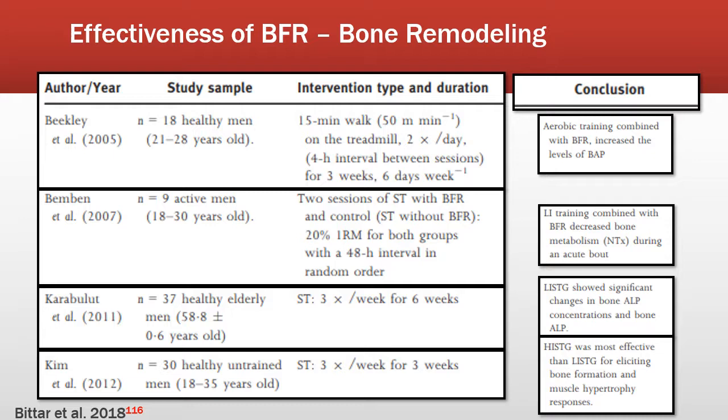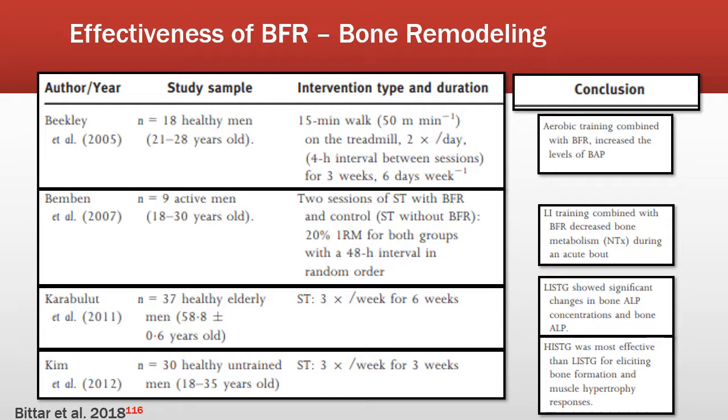You can see that there are 4 included studies with the authors' names in that first column. The study sample sizes were 18, 9, 37, 30, so relatively smaller sample sizes. Again, blood flow restriction has only been in the States since 2008, so I expect that additional research will be coming on this and the effects that bone remodeling will have in the presence of consistent blood flow restriction training.